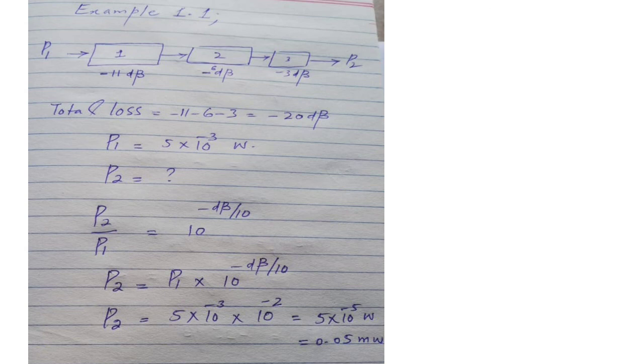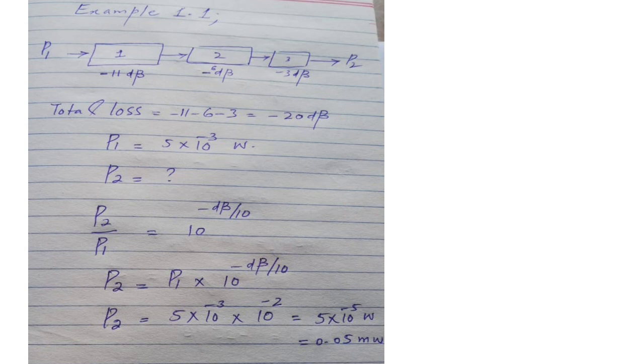The loss of block number 1 is minus 11 dB. The loss in block number 2 is minus 6 dB.